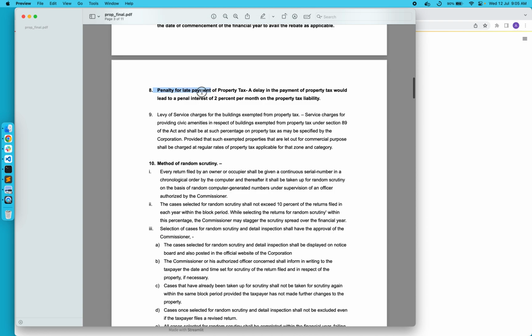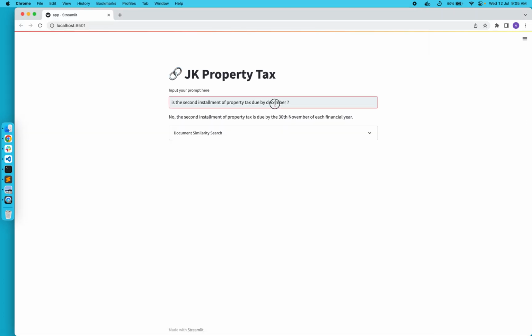We can also ask for the penalty of late payment of property tax. So it says here that it is 2% of tax liability. So let's ask, what is the penalty if I fail to pay property tax?